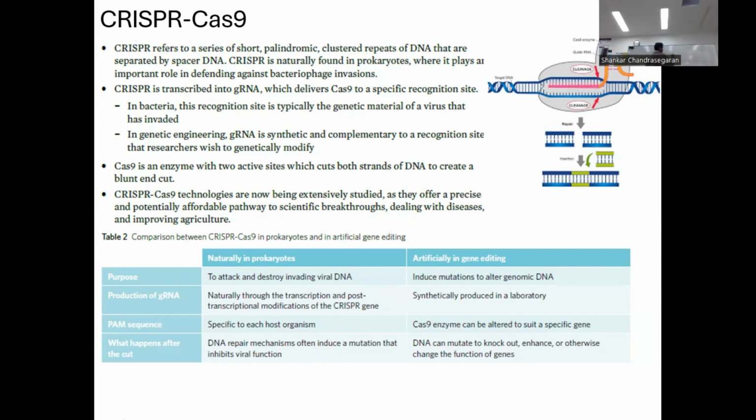So if this is the gene sequence, I'm already running out of ink. If this is the gene sequence, the first thing you're going to find is a Cas9 gene.